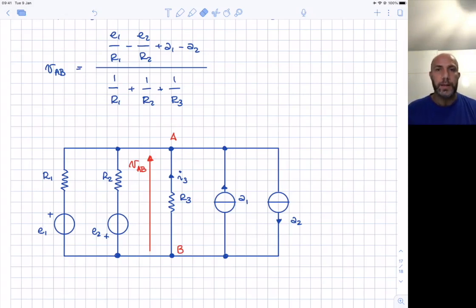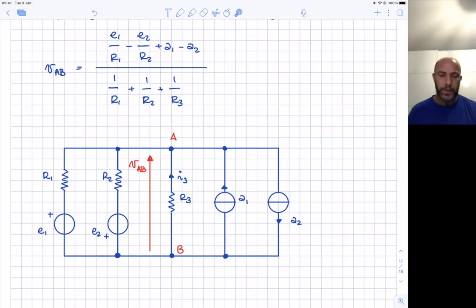For the signs, look at the direction of the voltage of the voltage generators. If the polarity of the generator is pointing up, so the plus of the voltage generator is pointing in the same direction as the voltage VAB, we have a plus sign, like here.